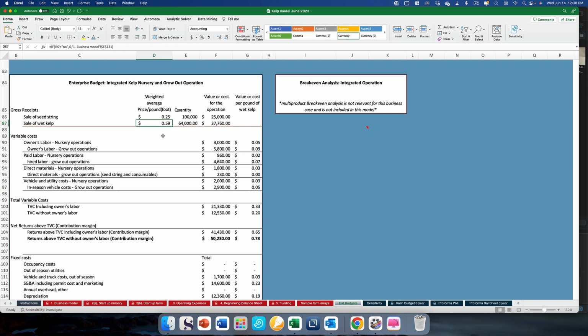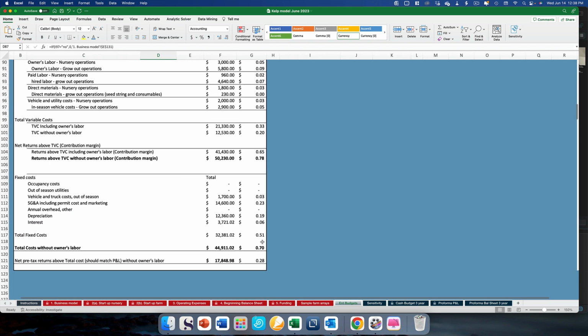So in a sense, the way that we've got this model set up, the nursery sales, the sales of seed, is basically compensating for the fact that we aren't covering our costs with the kelp yet. And again, the inputs into this model are not anything approaching right. I'm just describing how you can use these analyses to think through.